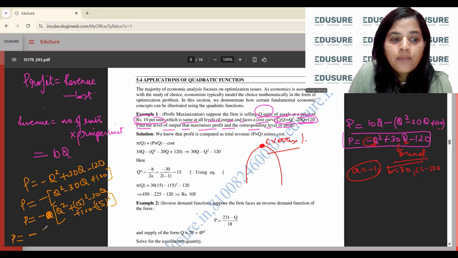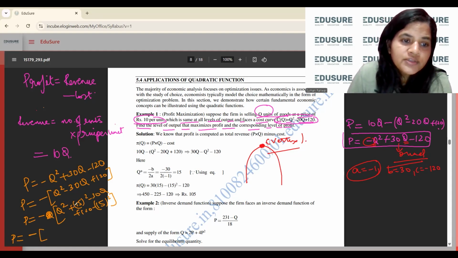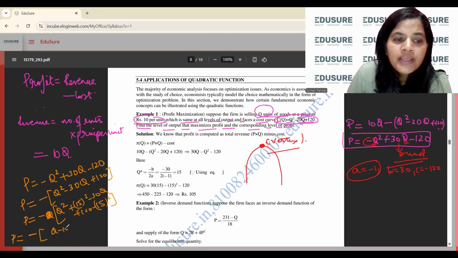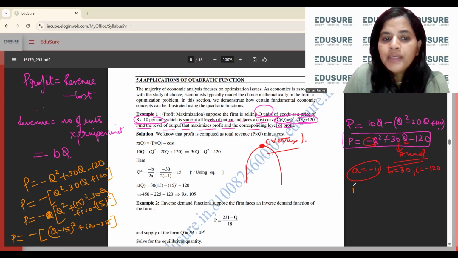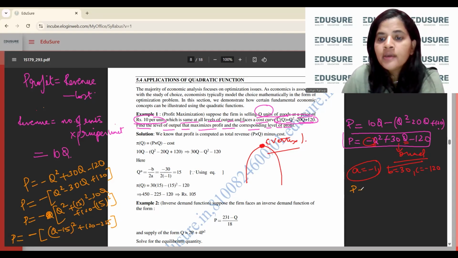So P is equal to minus, so it's going to be q minus 15 whole square and then plus 120 minus 225. So your P is going to be minus (q minus 15) square plus 120 minus 225, which is minus 105.